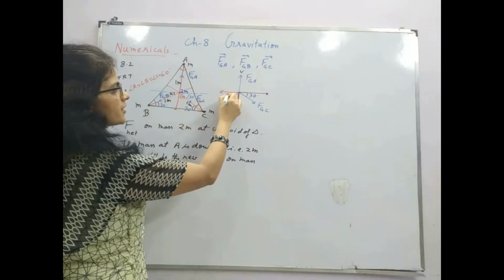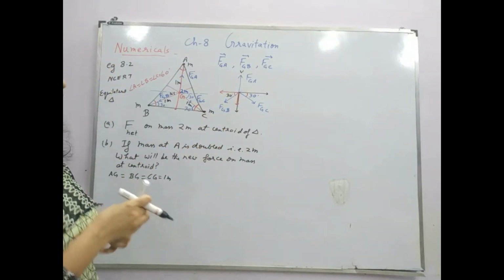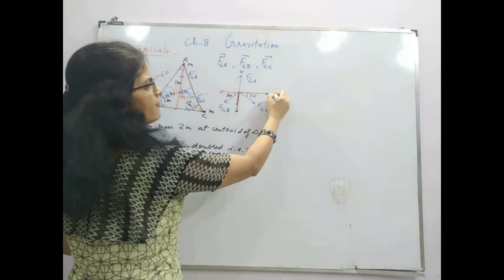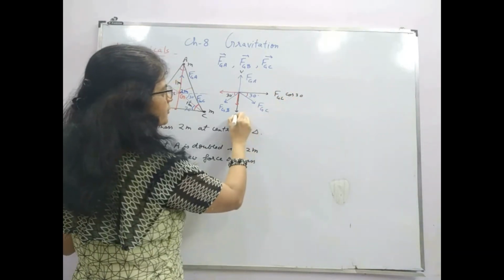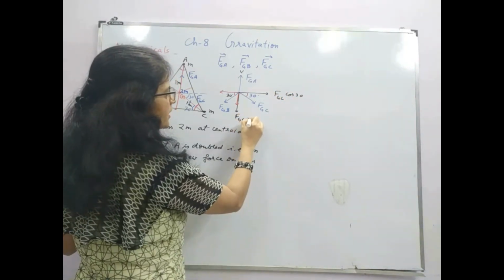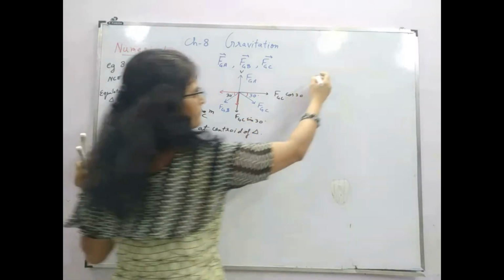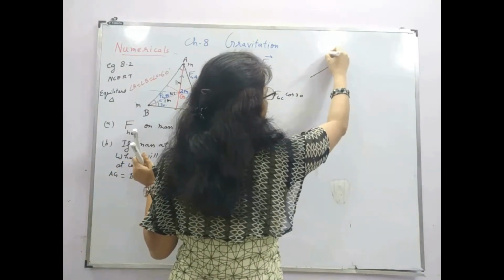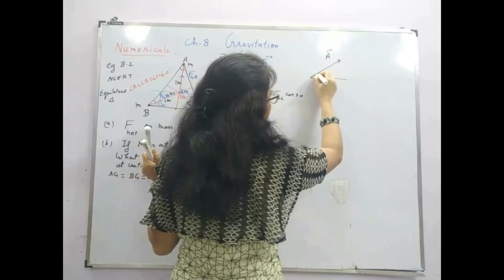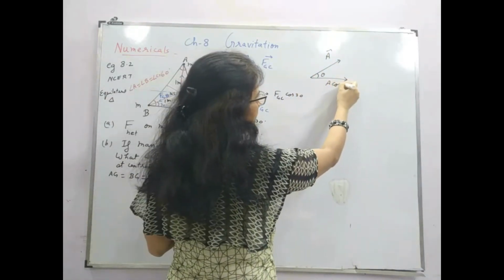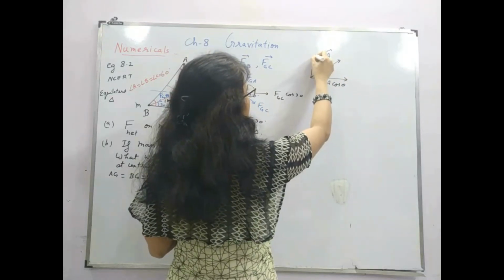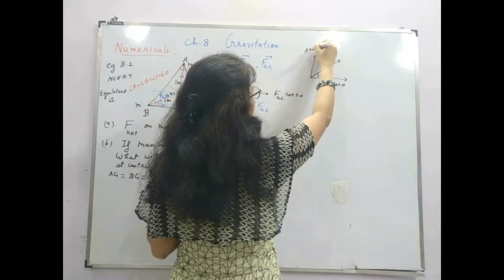So this is also 30 degree. I can write the components. This would be FGC cos 30. This will be FGC sin 30. If you remember, we have this vector and the component along angle theta is A cos theta and the perpendicular component is A sin theta.